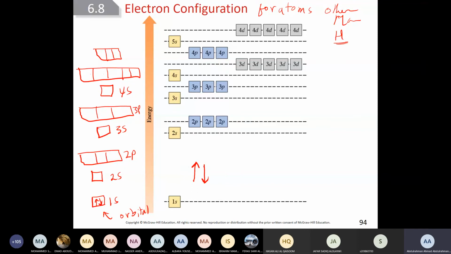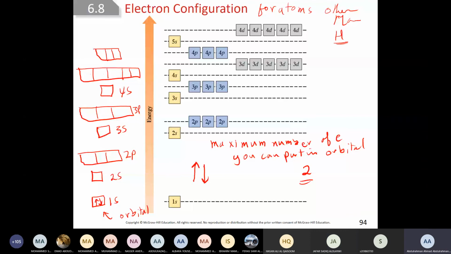Now, what's the maximum number of electrons you can put in any orbital? Only 2. The answer is 2.